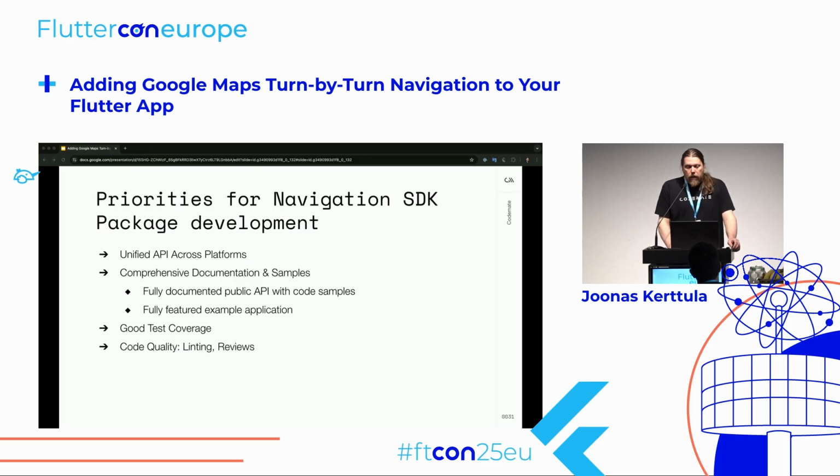And we have a fully featured example application. It means that every feature which is available in the plugin is also in the example application. If you start the example application with your Google Maps API key, you can test everything which is available in the plugin. And there are quite a lot of features which we didn't cover this time.